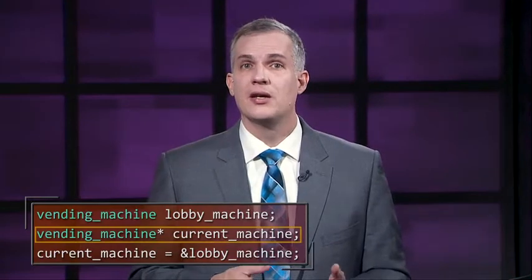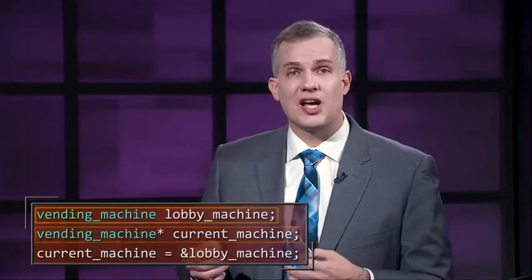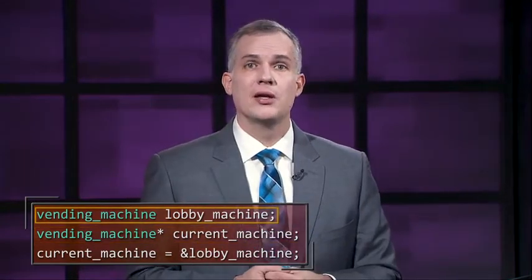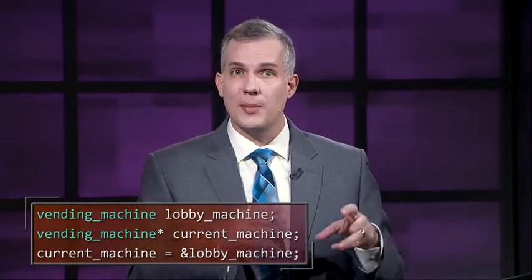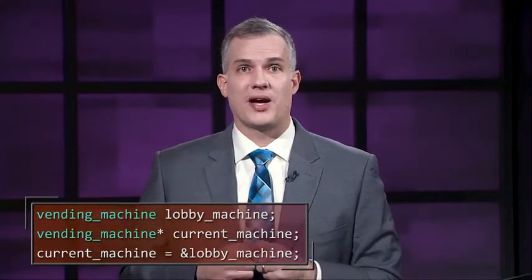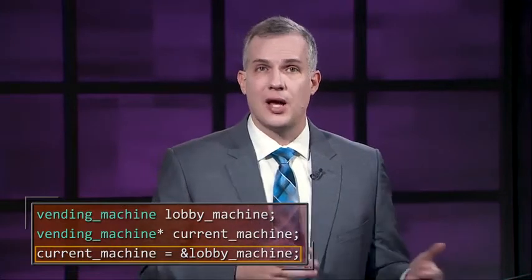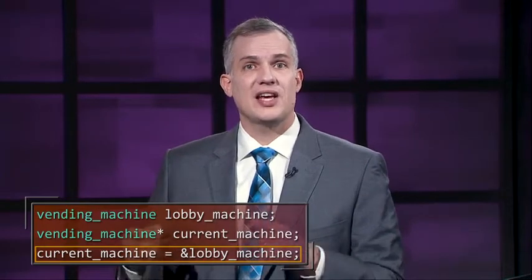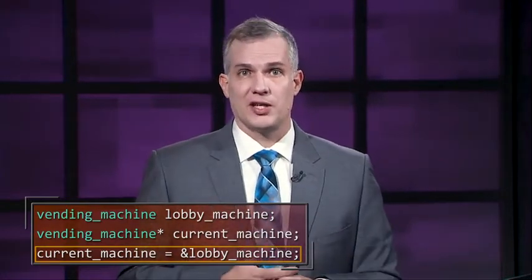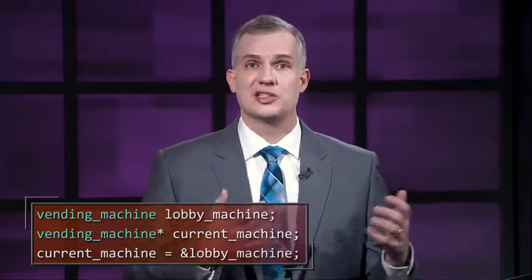In our code example, if we've declared a variable, currentMachine, that's a vending machine star, and a vending machine object, like the lobbyMachine, then we can assign the address of that particular vending machine, the lobbyMachine, to that pointer by writing currentMachine gets ampersand lobbyMachine. That means that currentMachine will then contain the memory address of lobbyMachine. We can also think of the memory address currentMachine as a reference to lobbyMachine.